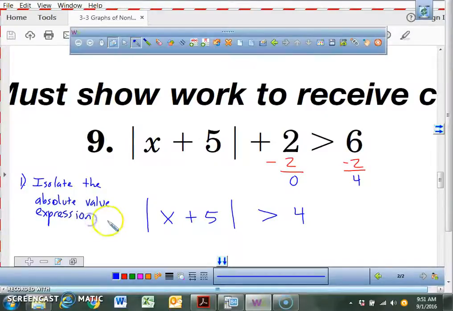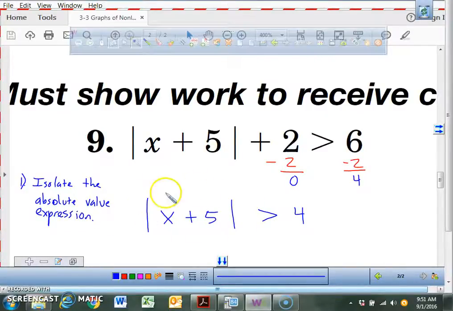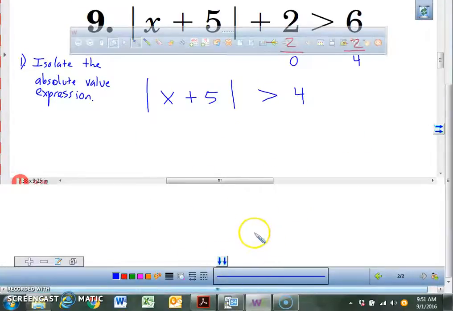Just remember, the absolute value expression is this part right here.